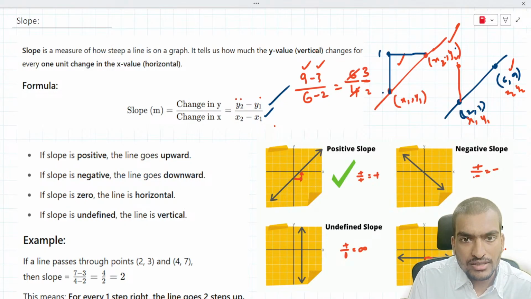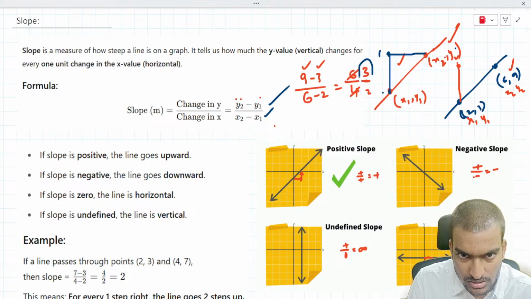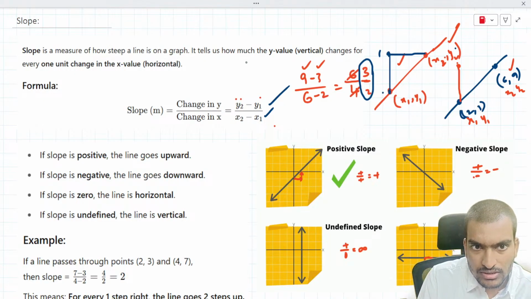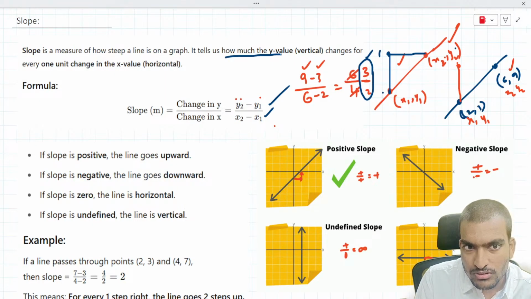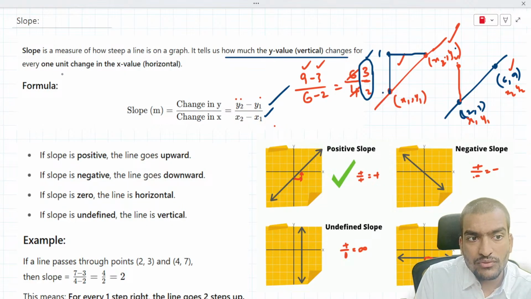Here you need to understand what this 3 by 2 means. The slope tells us how much the y value changes for every 1 unit change in x value.